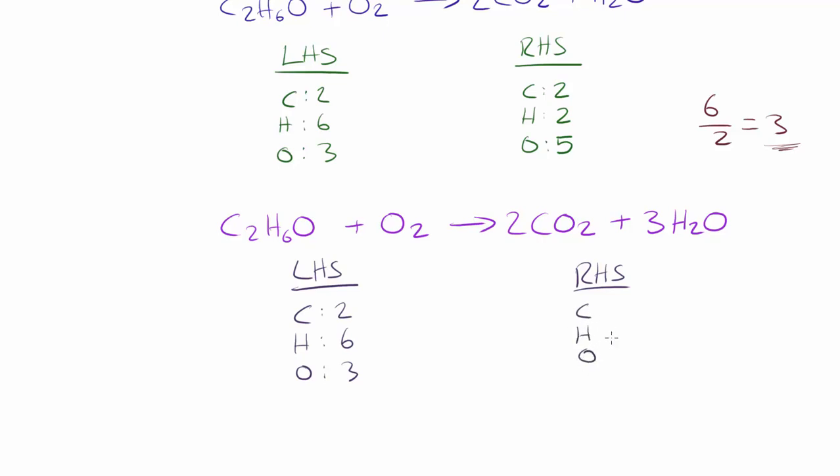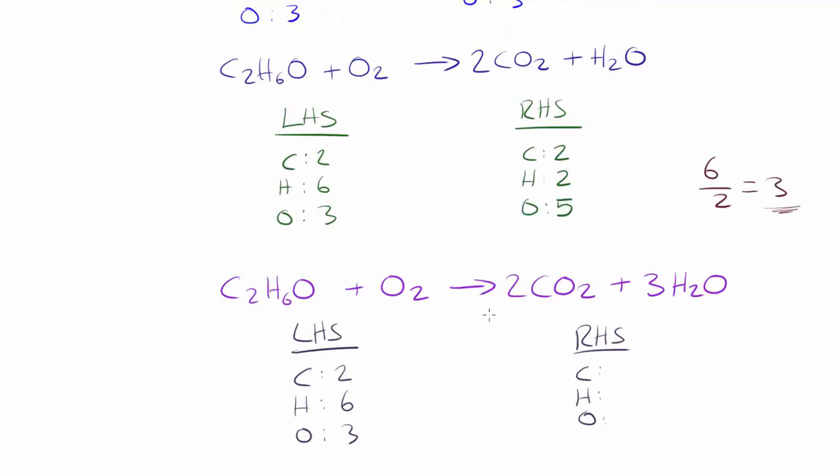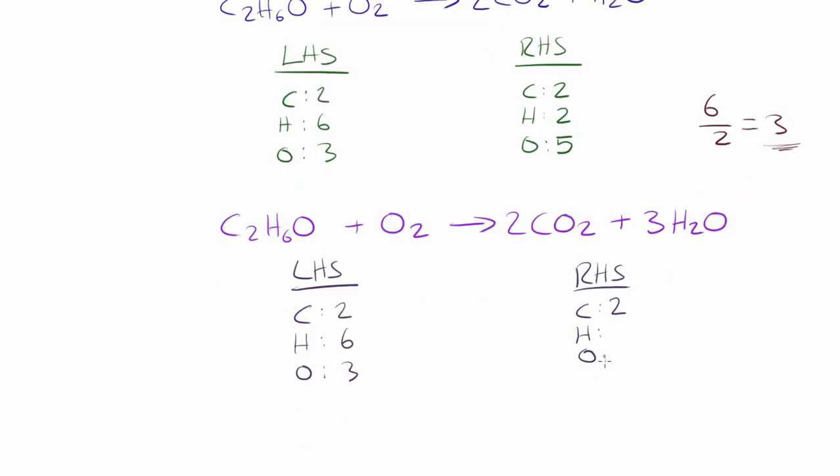C₂H₆O. Now we have to give regard to the fact that we added a 3 here, but as far as the species containing carbon, which is only CO2, it's the same, right? 2 CO2, and that's the only one that contains carbon. So carbon's not going to change. It's going to be the same as it was, but obviously H2O contains hydrogen and oxygen, so that's going to change both the hydrogen and the oxygen.